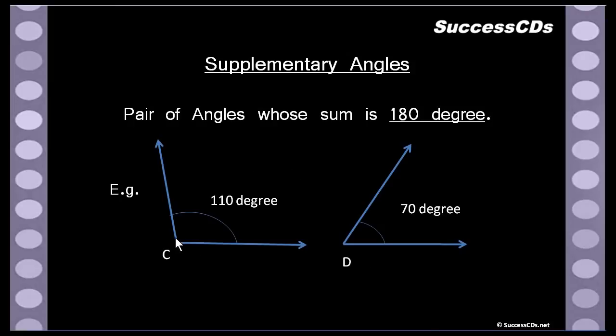Now here if you see, at point C, angle C is 110 degrees. Angle D is 70 degrees. So if we add C and D, we get 110 plus 70, which is 180 degrees. Therefore, we can say that angle C and angle D are a pair of supplementary angles.